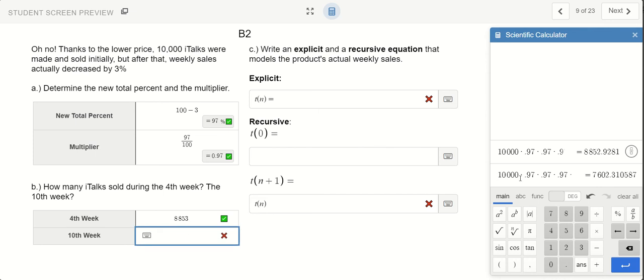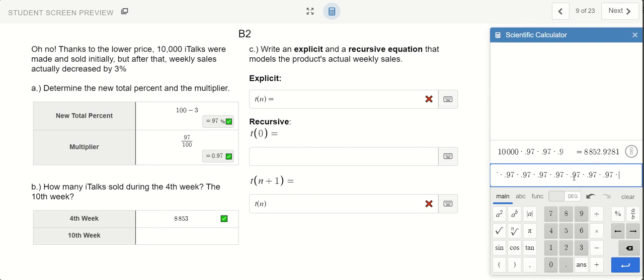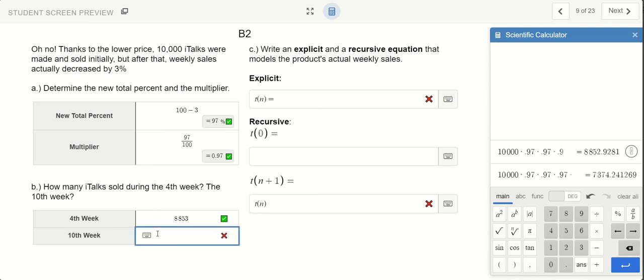Sorry, give me a second. 1, 2, 3, 4, 5, 6, 7, 8, 9, a bit more. There we go, 7,374. Or shorthand, since I know there are 10 of these all in a row, I can write this using an exponent, 0.97 raised to the 10th power. This means I have 0.97 written out 10 times, repeated multiplication.